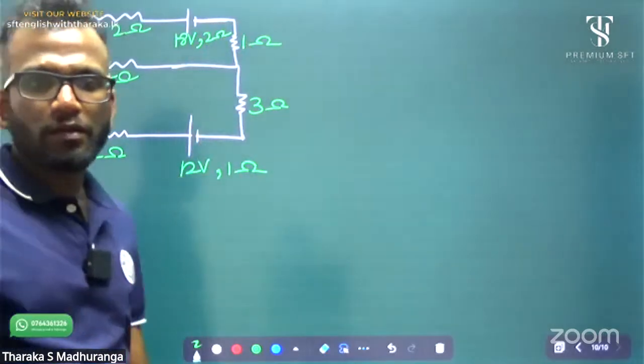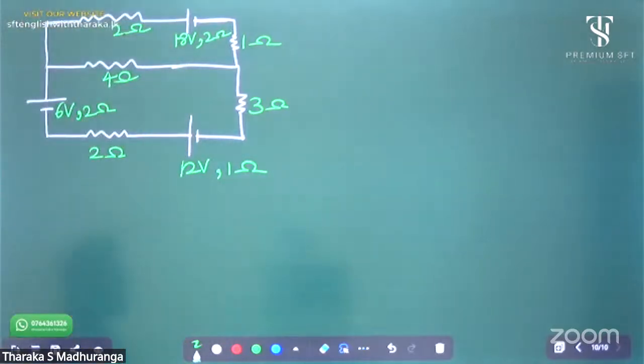Draw this circuit and calculate the current flowing through this path. Okay, I'll help you.